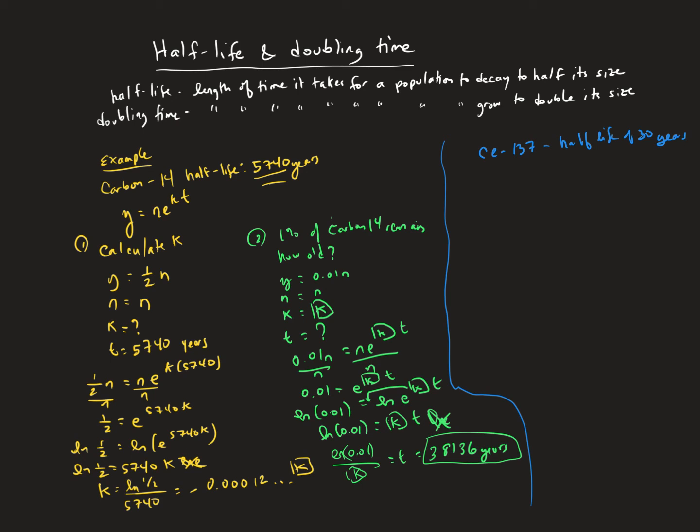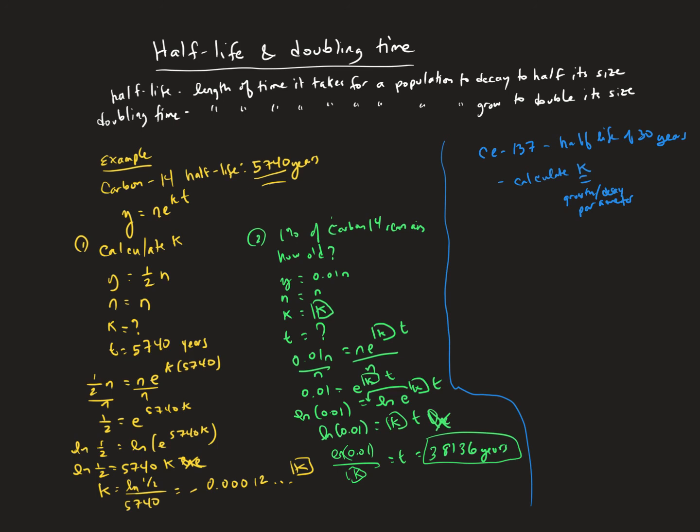So what I want you to do as a practice problem is to go through this process that I did with carbon-14. I want you to calculate the K. By the way, this K, when you're dealing with continuous growth and decay, sometimes this is called the continuous growth or decay parameter. And you'll see that language in your ALEX topics.